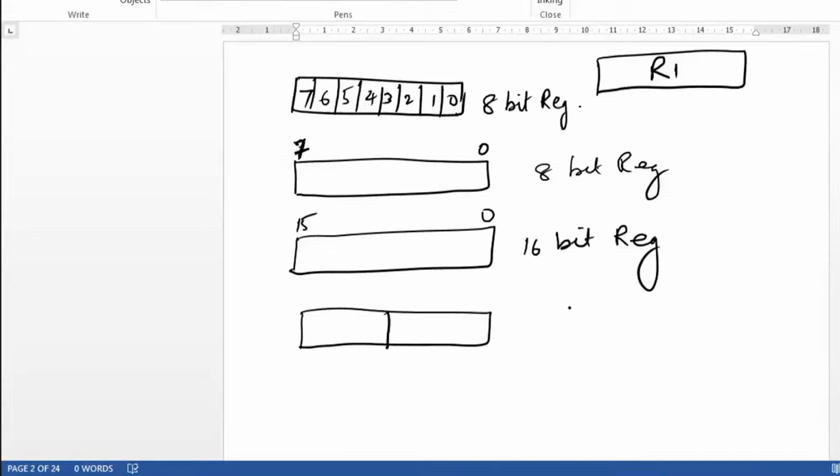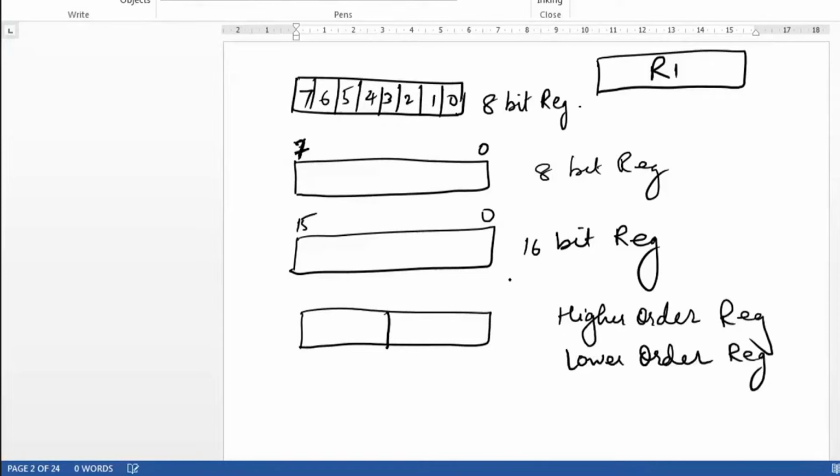It can be divided into higher order register and lower order register. Now, what is higher order and lower order? Suppose I talk about program counter. It is a register. We'll see what is program counter. Program counter generally is used for storing address of the next instruction to be executed. Okay, for now don't get confused about what is PC, what is MAR and all. We are going to study each and every register in detail.